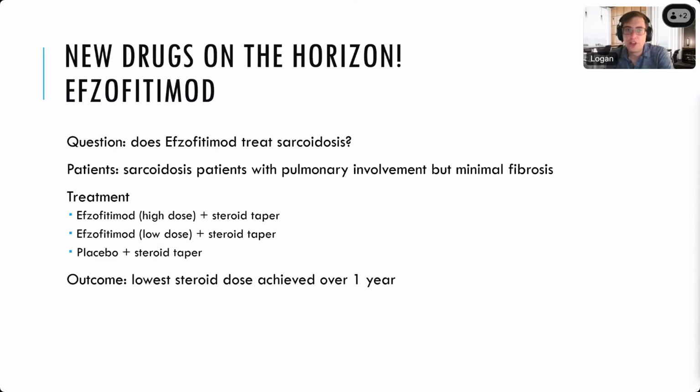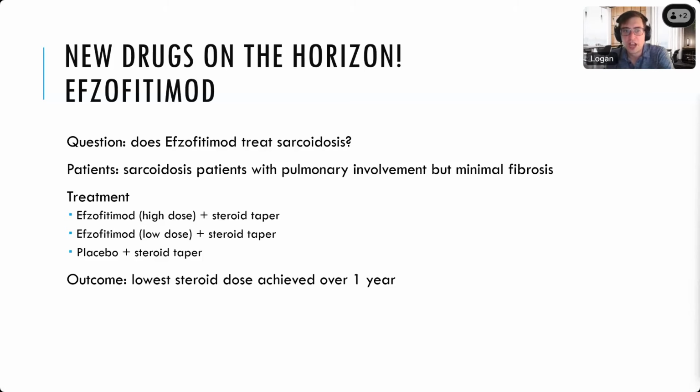Finally, I want to talk about the 2 ongoing phase 3 clinical trials for new drugs specifically for sarcoidosis. This first trial is for efzofitimod. This is a drug that is given as an infusion and treats sarcoidosis without having all the severe immunosuppression that we see from other drugs.